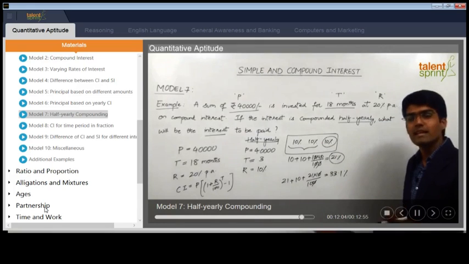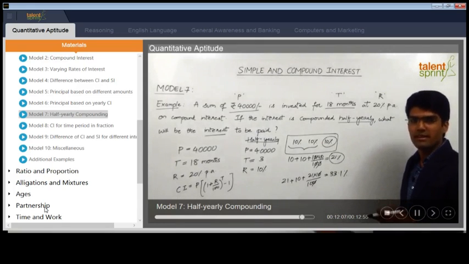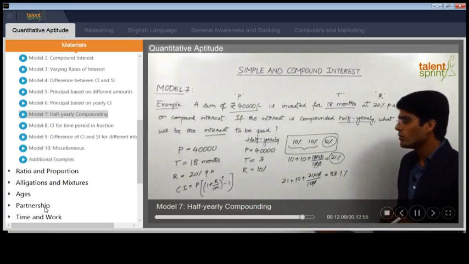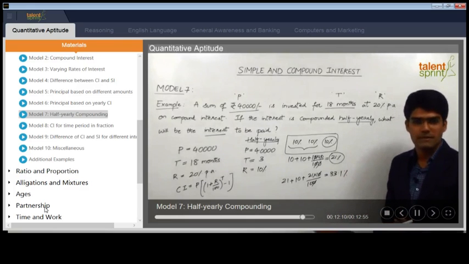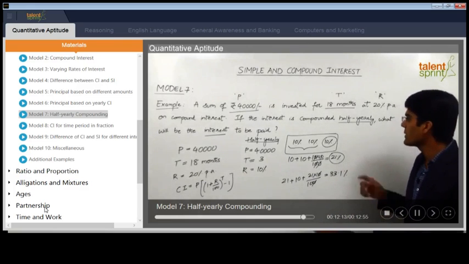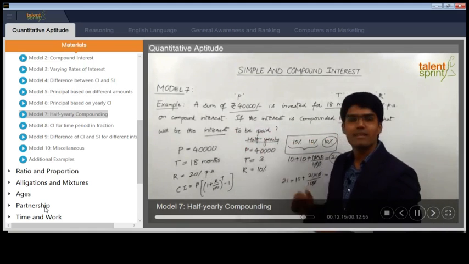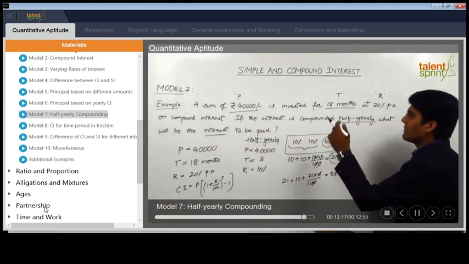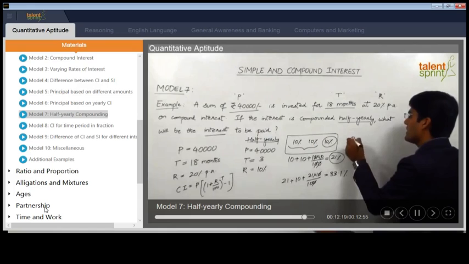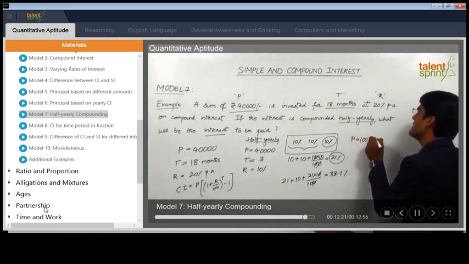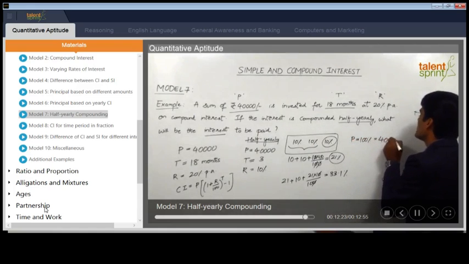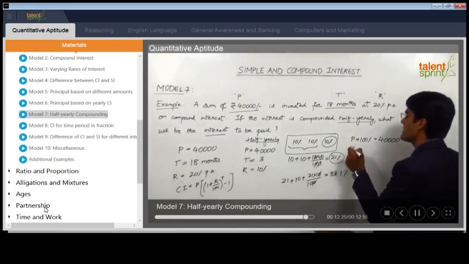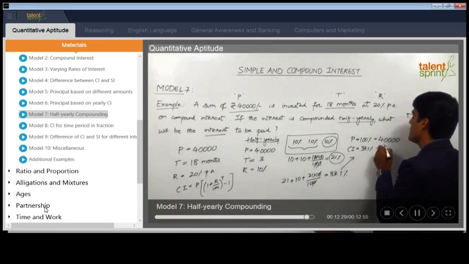So we can say that the compound interest that is generated here in the span of 18 months would be 33.1%. And that has to be calculated. As the question says, what will be the interest that has to be paid? So we know that the principal here is 40,000. So we can say 100% is equivalent to 40,000 rupees, and we need to find out the compound interest, which we have calculated as 33.1% is equal to what?